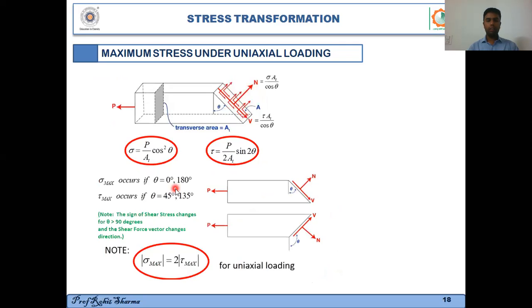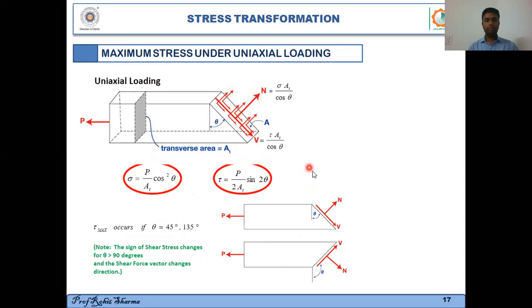Also, for theta equal to 0, if you put theta equal to 0 into the expression for shear stress, you can see that the shear stress will be equal to 0. And this has to be true, because on this face there cannot be any shear stress. The value of V was 0.